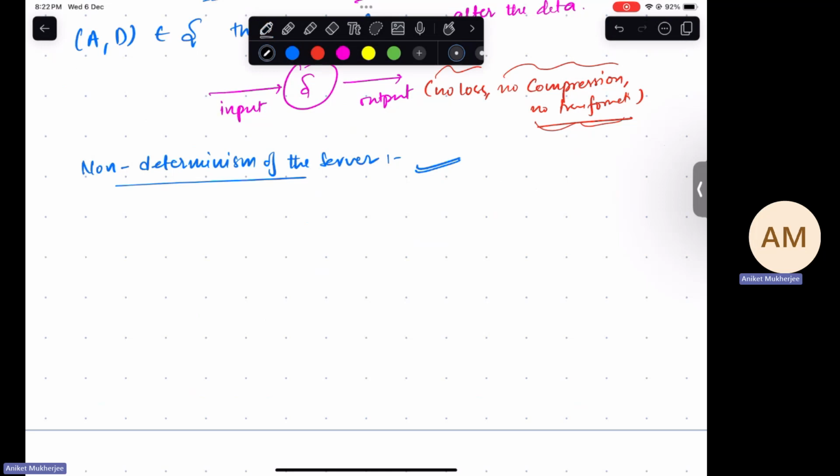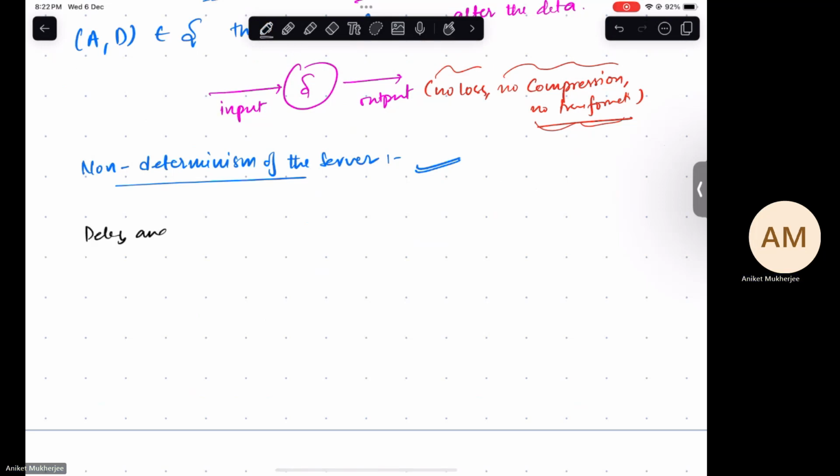Next comes the main part, delay and memory. Okay, delay and backlog. Let's call it backlog, not memory.